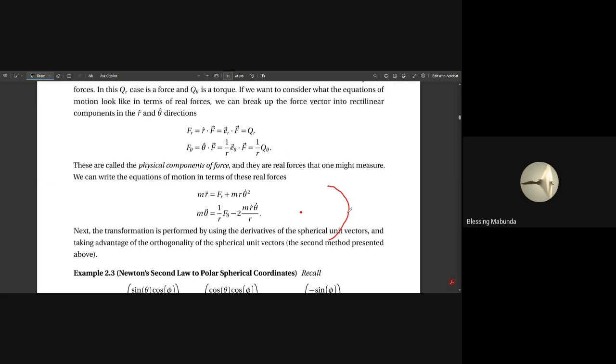When we use Newton's second law applied to polar coordinates, what we note is that we're going to have a tangential component, which is tangent to that path, and one which is radial.